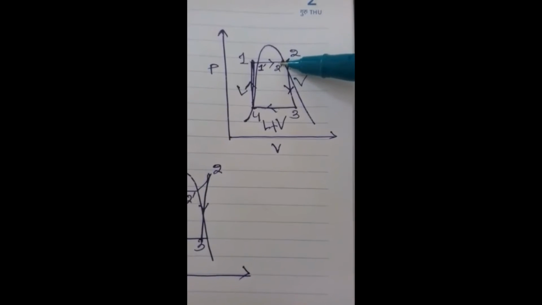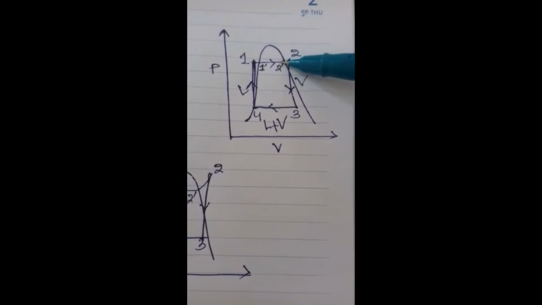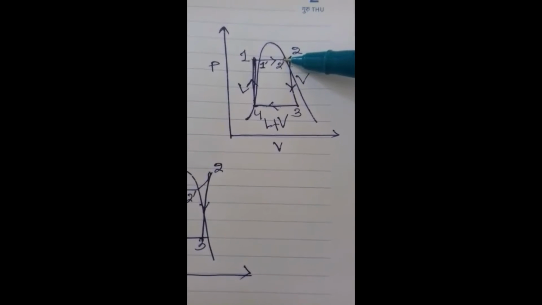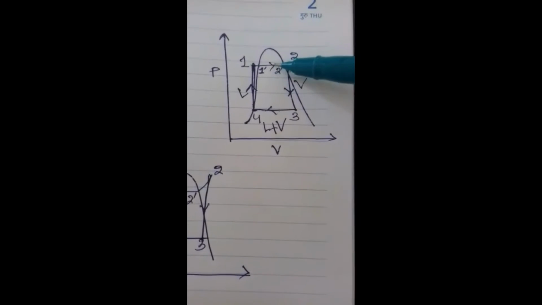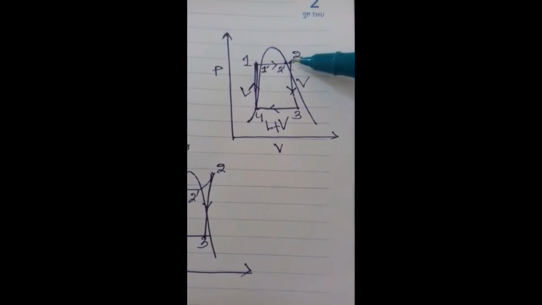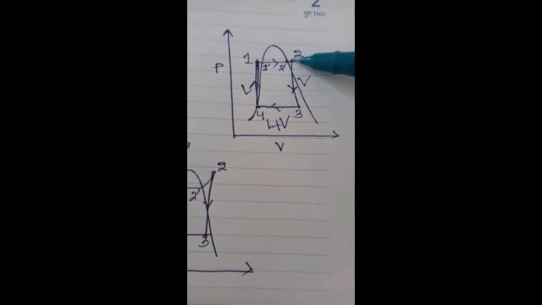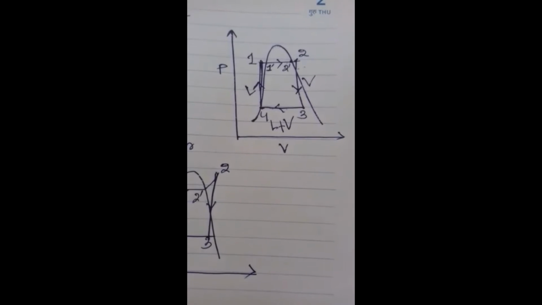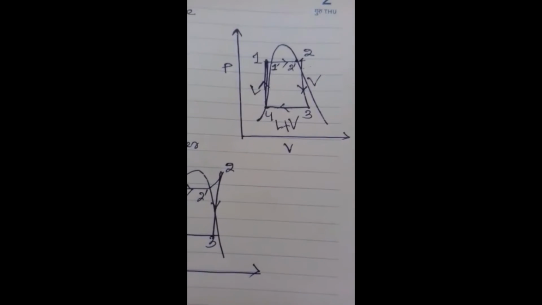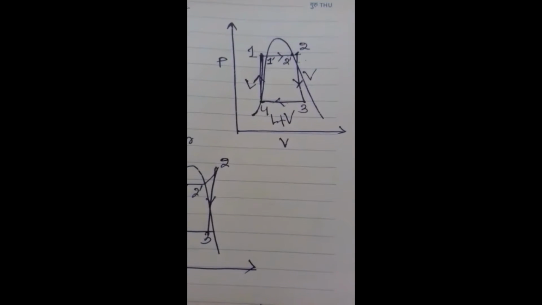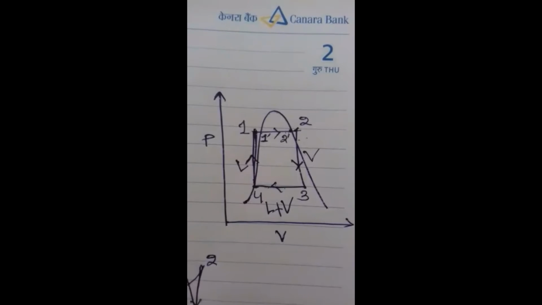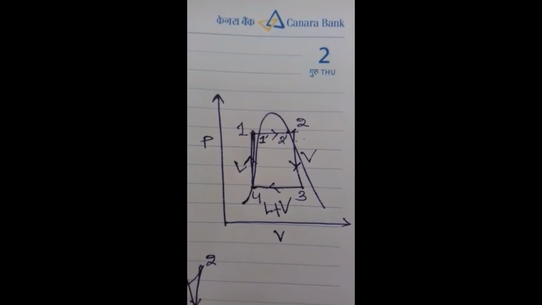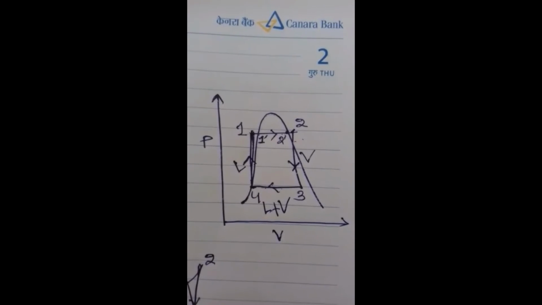The outlet of the boiler may be wet vapor, saturated vapor, or superheated vapor. Point 2 dash shows the saturated vapor, and point 2 shows the superheated vapor. The superheating of the vapor from 2 dash to 2 takes place in the superheater.